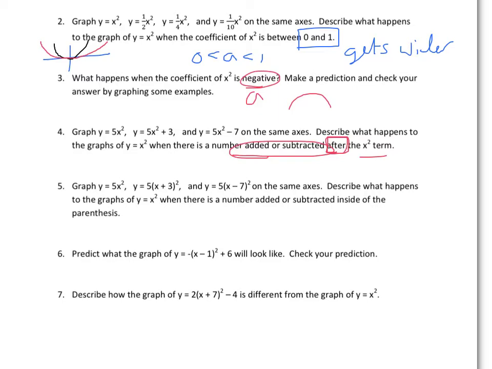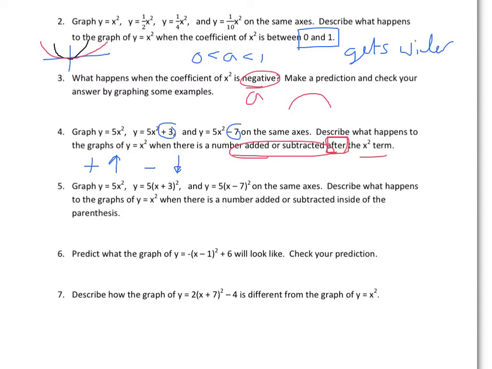So we have plus 3 and minus 7, and your graph will go up or down. If we add something, it shifts up. If we subtract something, it shifts down.